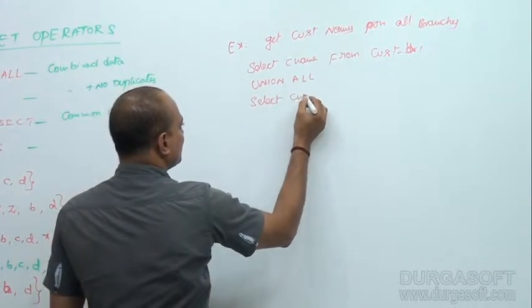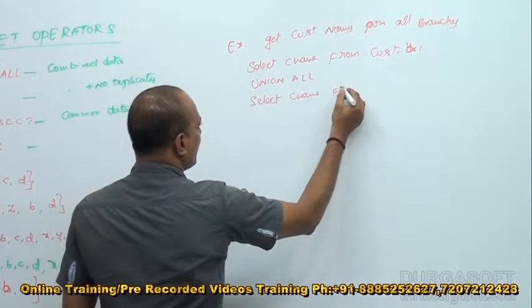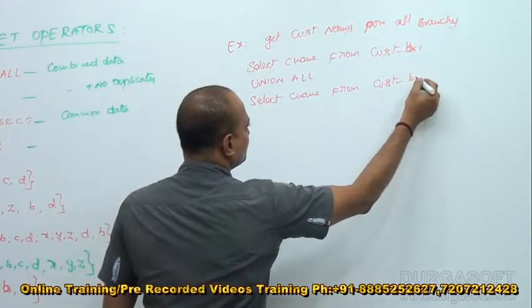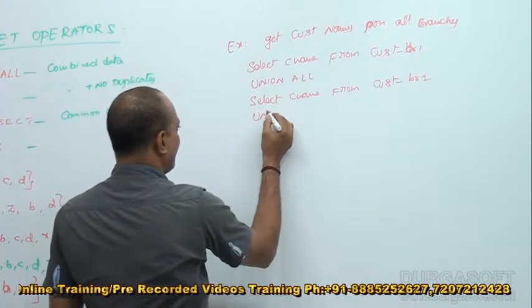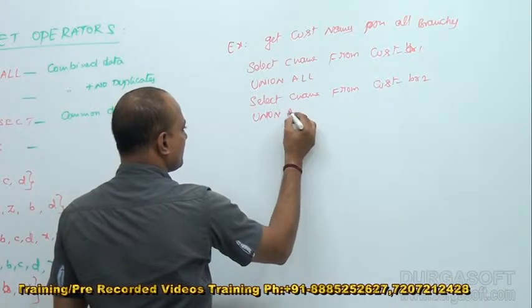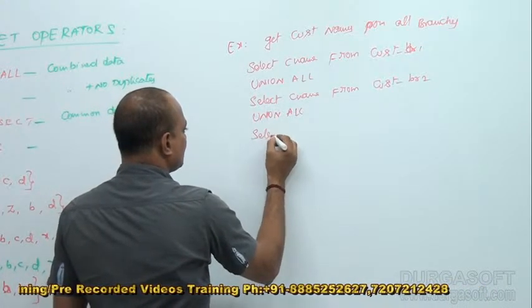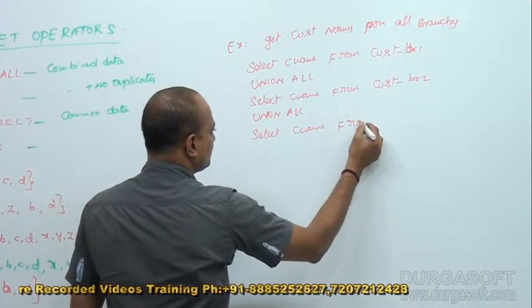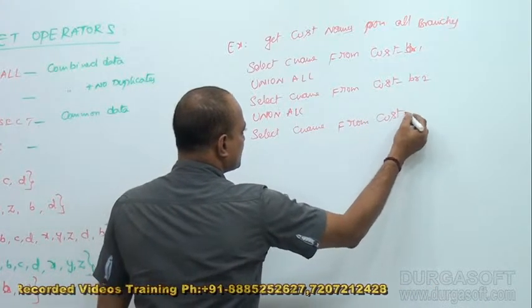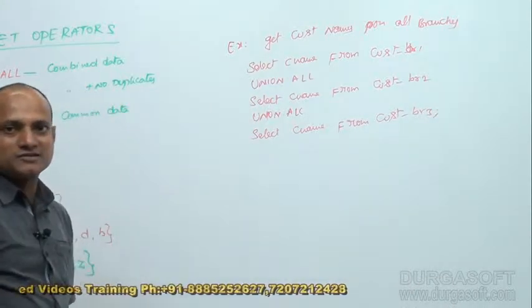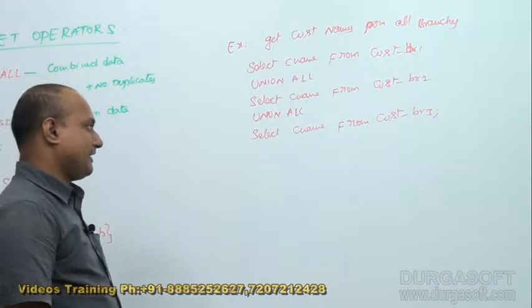Select CNAME from customer details of branch 2, and again union all. Again select CNAME from customers branch 3. So from 3 branches you are selecting customer names.